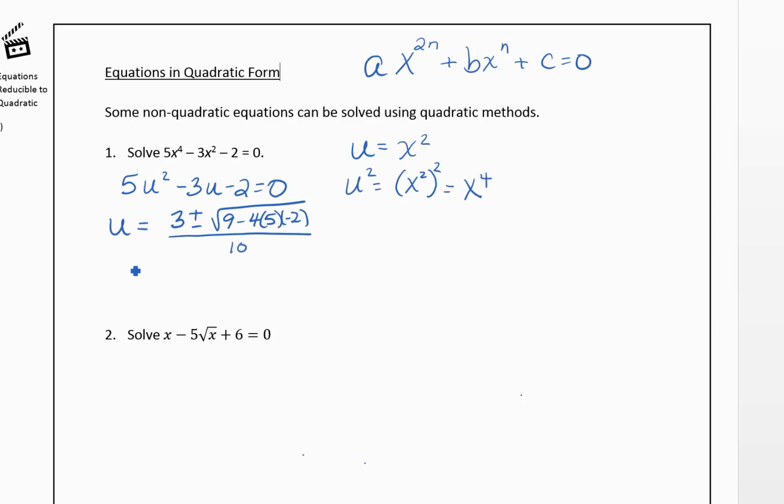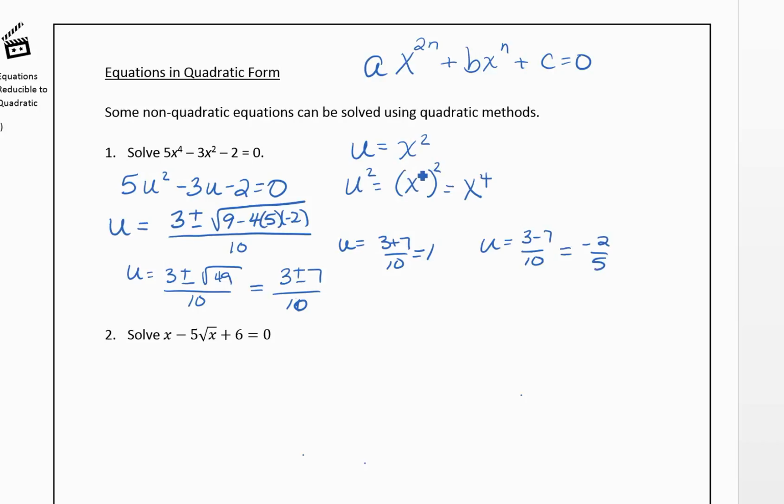Okay, so here we have u equals 3 plus or minus the square root of 49 over 10. So here we'd get 3 plus or minus 7 over 10. So we're going to get u equals 3 plus 7 over 10, which would be 10 over 10, which would be 1. And u equals 3 minus 7 over 10, which would be negative 4 over 10, which reduces to negative 2/5.